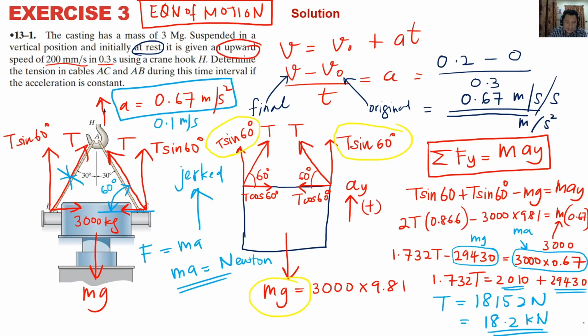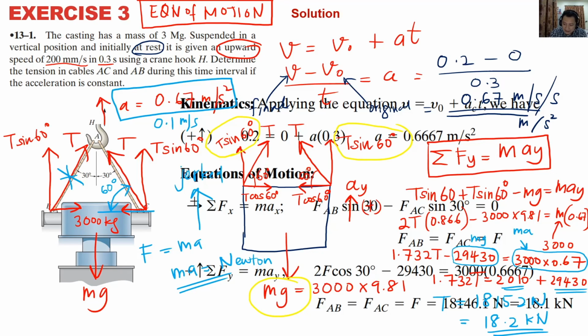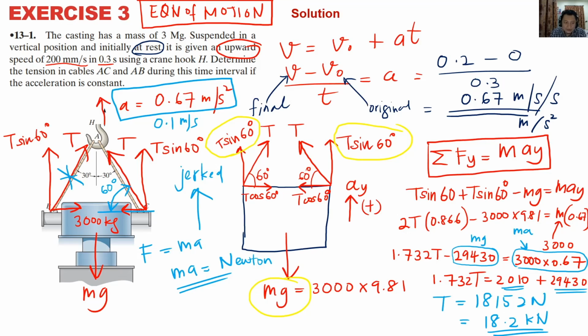So apparently the tension in the cable is 18.2 kilonewton. So 18.2.